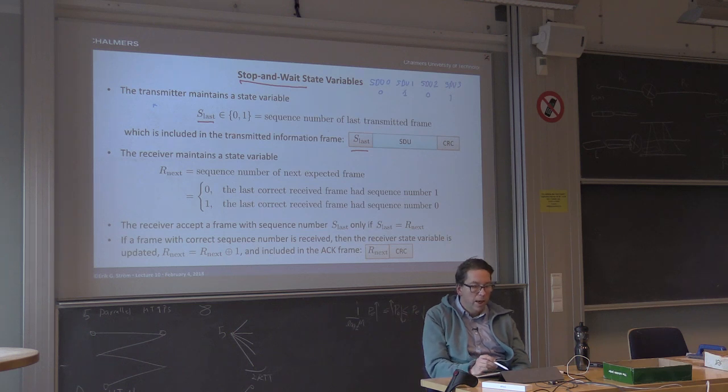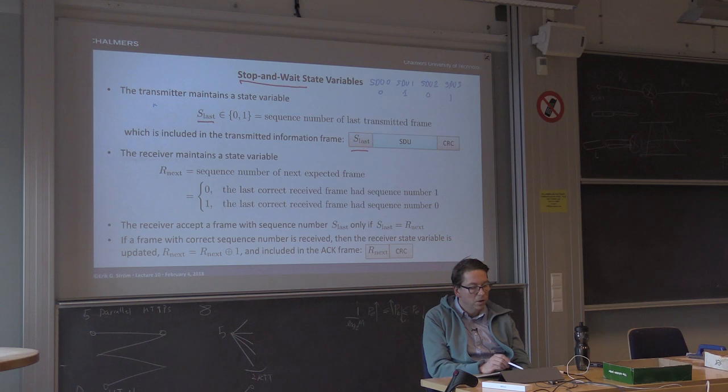Okay, so to recap, the sent frame includes a sequence number, which is 0 or 1. The receiver checks the sequence number and asks: is this equal to what I'm expecting? And what am I expecting? Well, I'm expecting R next.